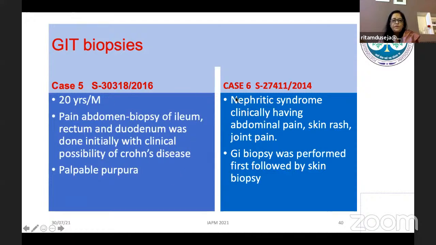Now here we have two cases where GI and skin involvement has happened, along with kidney involvement in one of them. Endoscopic biopsies were taken because earlier they thought of Crohn's disease, but then they found the patient had purpura also. In this case, he had nephritic symptoms, abdominal issues, and skin rash.